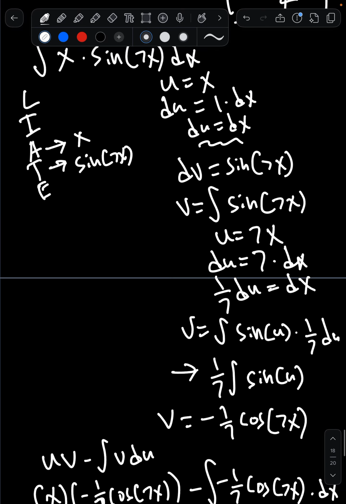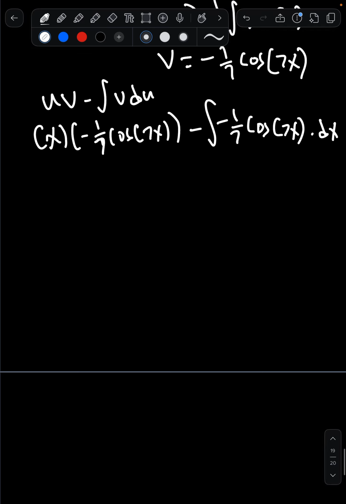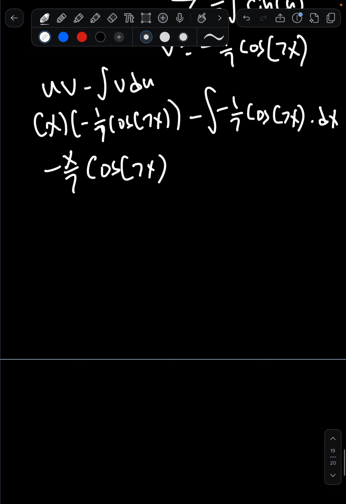So let's simplify this. x times negative 1 over 7. How can we simplify that? Just multiply. We now have negative x over 7 times cosine of 7x. We still have this integral minus negative 1 over 7 cosine of 7x.